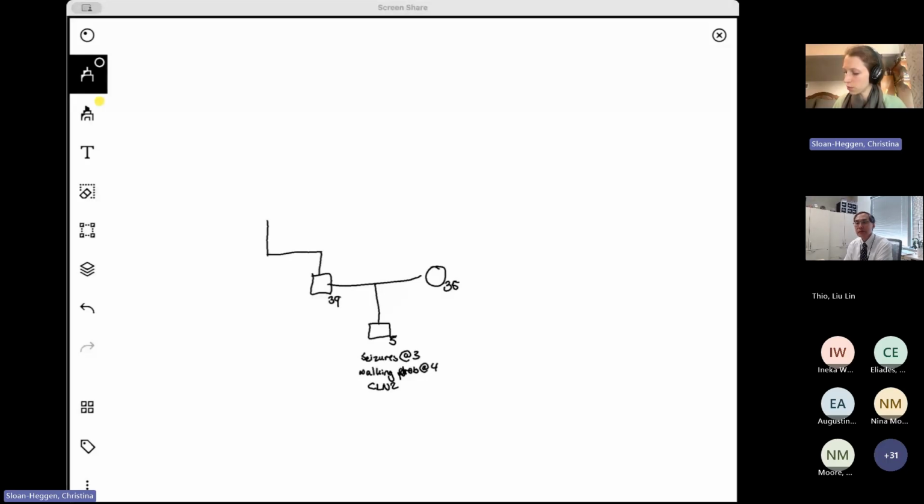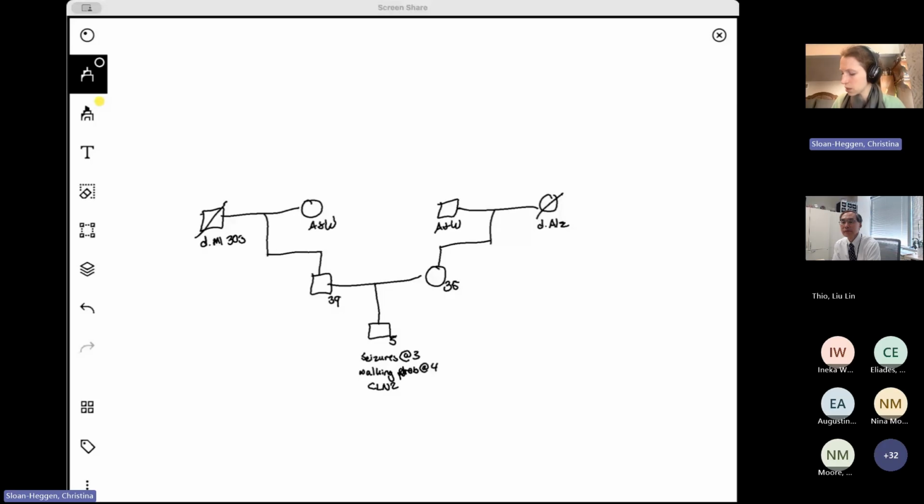And we'll do it simple at first, and we'll say dad is an only child, and his dad passed away from an MI in his 30s, and grandma is alive and well. And on mom's side, she was also an only child in this first example. And her mom died of, let's say, Alzheimer's, and her dad is alive and well. So that's simple. So we've got a simple example.